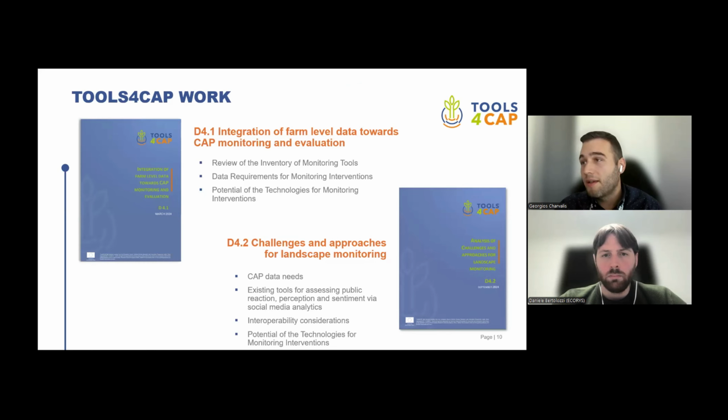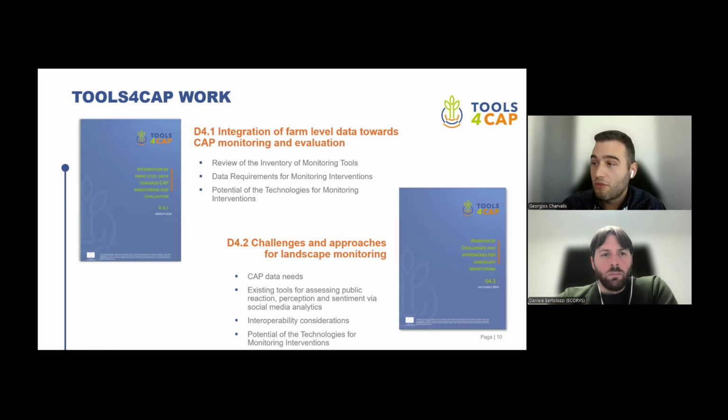In detail, I already mentioned that in deliverable 4.1 you can find this link of technologies with interventions. You can see the review of the inventory of the monitoring tools Danielle mentioned earlier, and some data requirements that are mandatory to have for monitoring interventions.